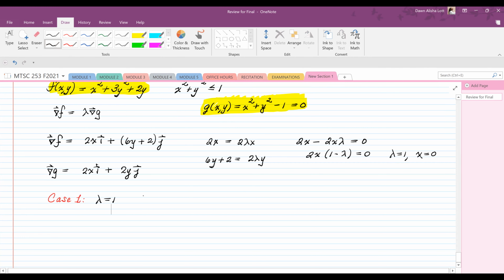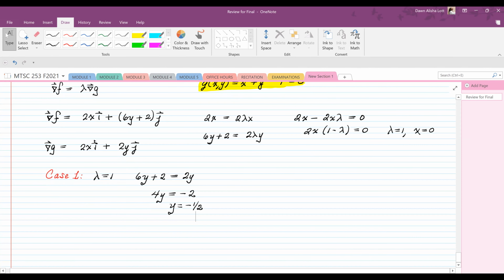If lambda is equal to 1, you get 6y plus 2 is equal to 2y. Therefore you get 4y is equal to -2, or y is -1/2.